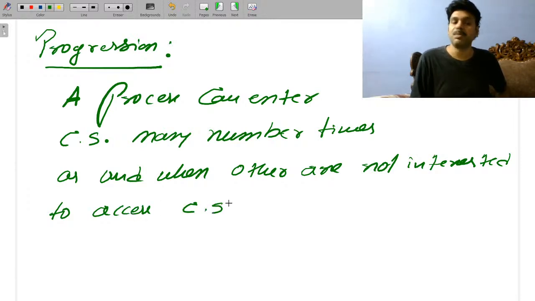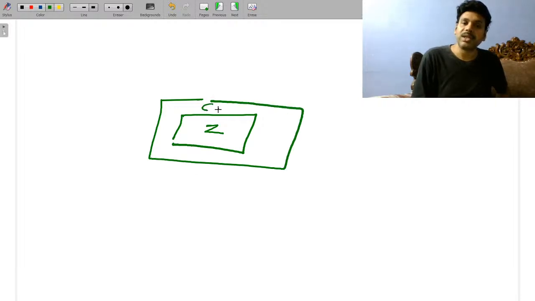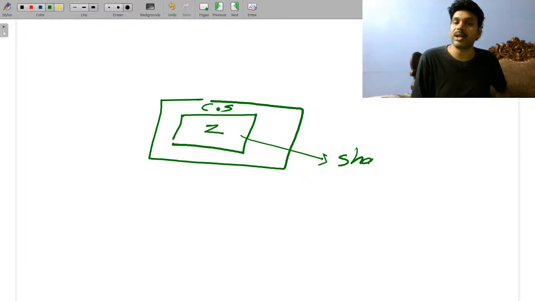This is the meaning of progress. So what is the meaning of that? Please understand carefully. There is a variable which is protected with the critical section. I am protecting it, which means it is a shareable resource. Don't forget that. It is shareable and protected.